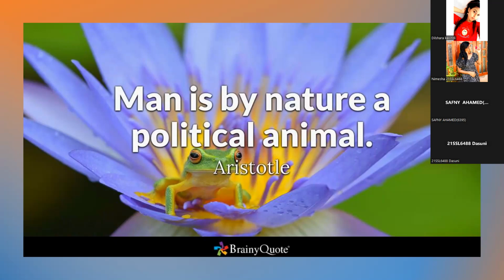Right? Most of the time, from our friends, from our neighbors, maybe family members, from our teachers, sometimes we may hear this type of sayings, this type of statements.